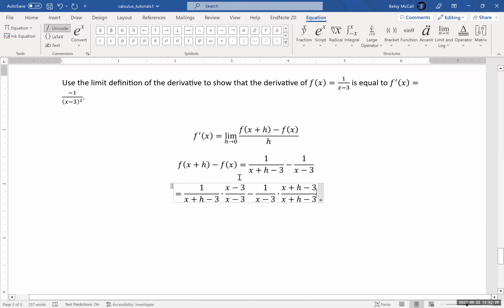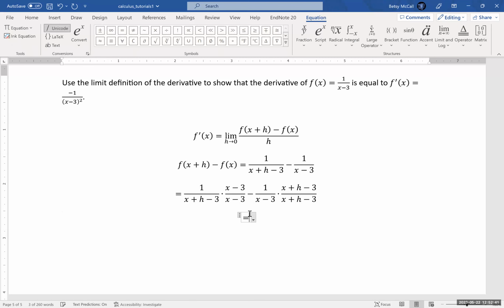Again, we're multiplying by 1 essentially, but that's going to give us a common denominator, and we're going to get stuff in the numerator that then we will be able to cancel. And so when we do that multiplication, we're going to end up with x minus 3. And then in the denominator, we will have two factors, x plus h minus 3 and x minus 3.